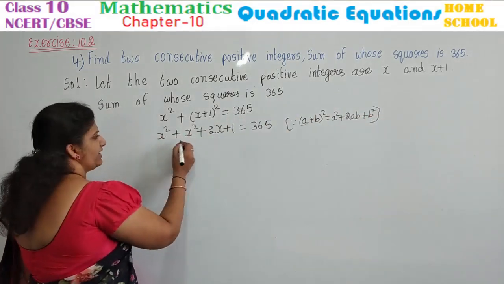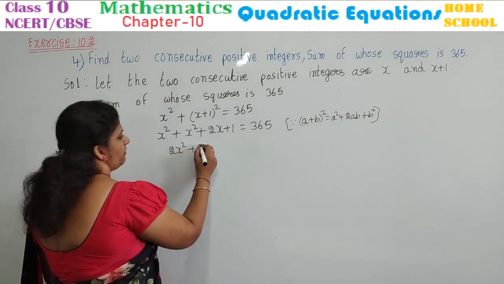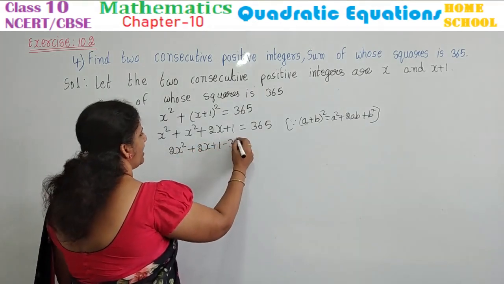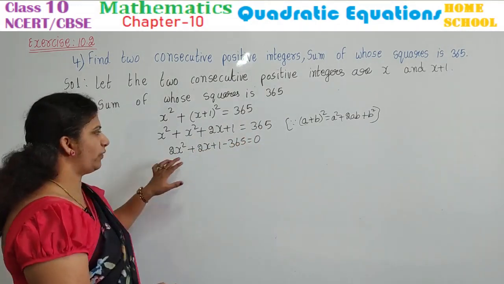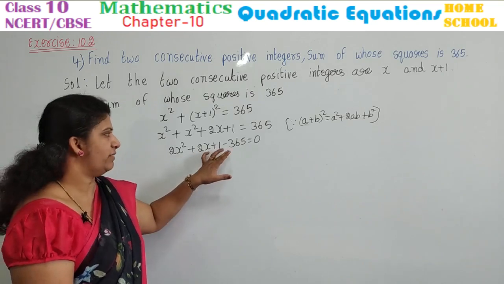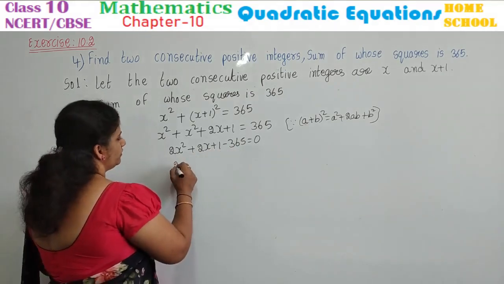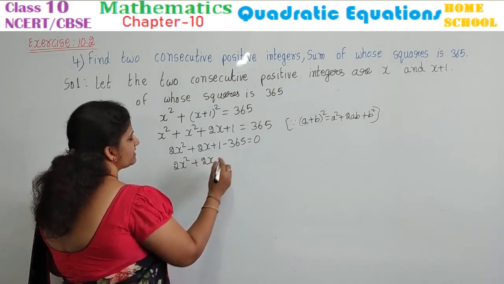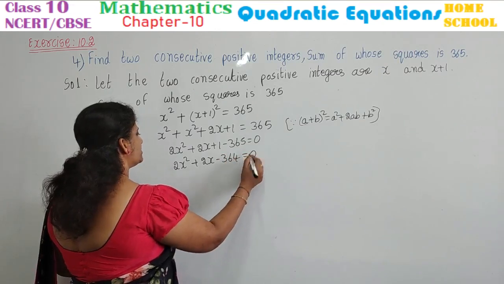Now x square plus x square will be 2x square plus 2x plus 1. Bring this side, minus 365 equal to 0. 2x square plus 2x plus 1 minus 365, it will be minus 364, equal to 0.